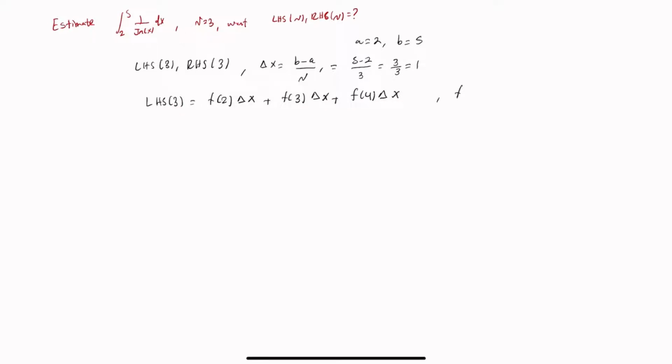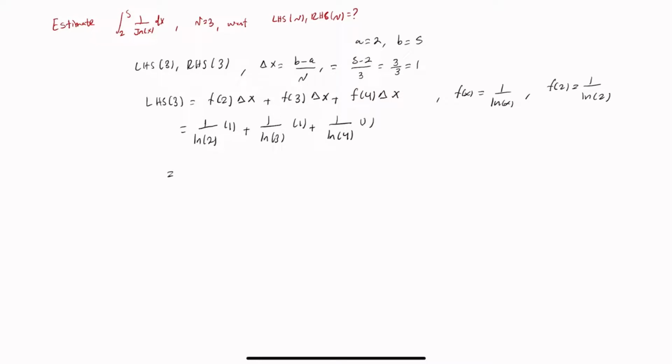Also notice that our function f of x is equal to 1 over natural log of x. So for example, f of 2 is equal to 1 over natural log of 2. So now let's compute the left-hand sum. This is going to be equal to f of 2, which is 1 over natural log of 2, multiplied by delta x, which is 1, plus f of 3, which is 1 over natural log of 3, multiplied by 1, plus 1 over natural log of 4, multiplied by 1.